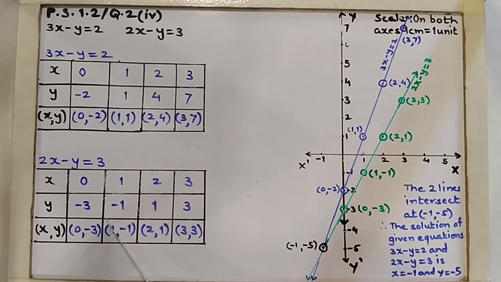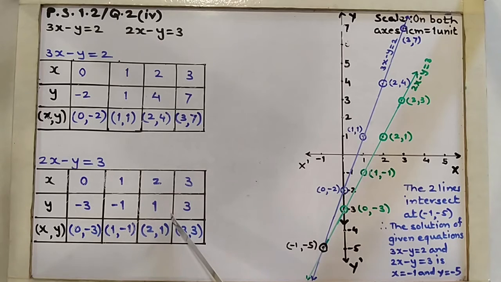X coordinate is 1 and y coordinate is minus 1. The x coordinate is positive and y coordinate is negative. So therefore the point is going to lie in the fourth quadrant. See over here, it comes in the fourth quadrant.